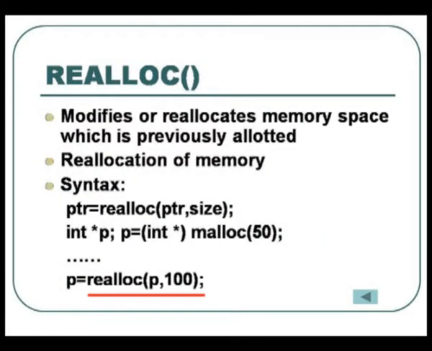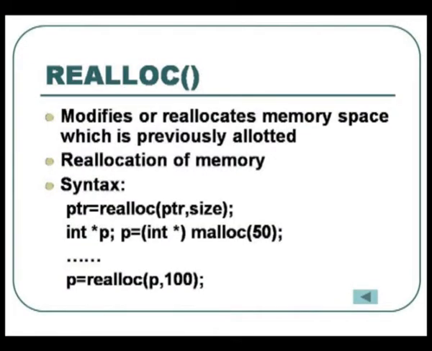So using malloc you are allocating some memory and storing it in the pointer p. And next, using the realloc function you take the first allocated address which is stored in this variable p. Earlier 50 bytes were allocated, now you are going to allocate 100 bytes and again store it in the same pointer variable. So this is just an example where already allocated memory is being reallocated using the realloc function.